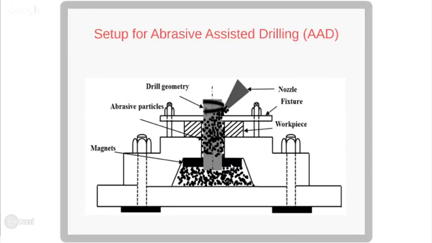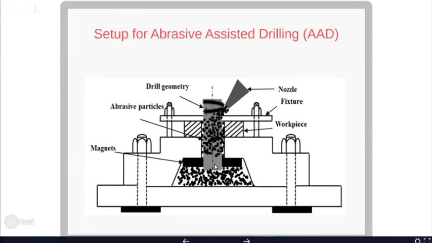Second is the centrifugal force, so they are coming downward and they are rotating also, and some magnetic pull is there because of the magnetic flux, electromagnetic flux generated over here. So this process further increases the surface finish or reduces the surface roughness of the drilled hole wall surface. That is one of the setups we designed at IIT Roorkee.